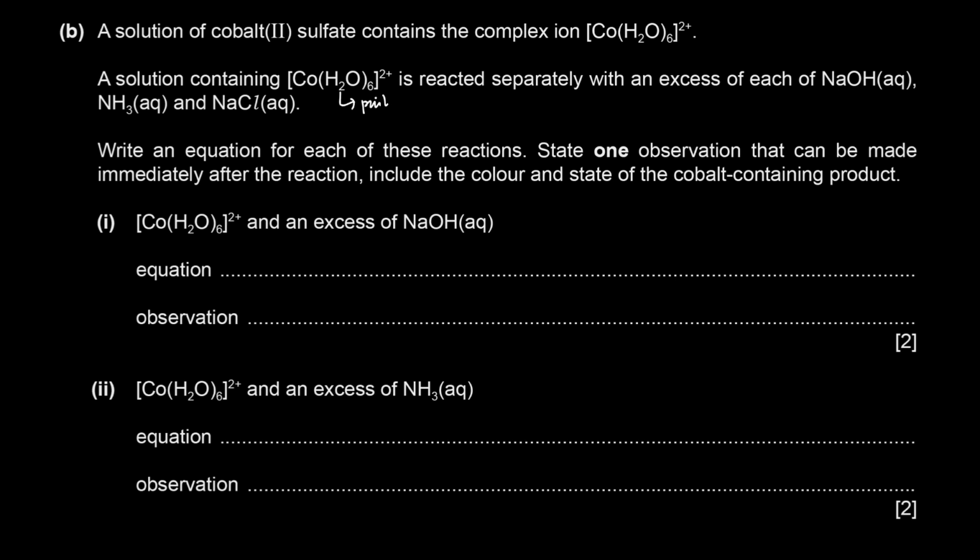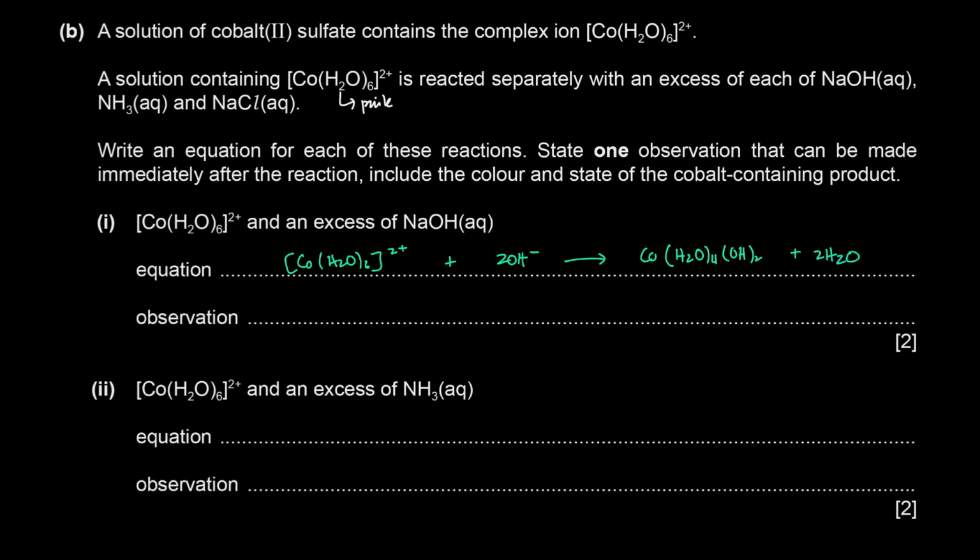Now when it reacts with sodium hydroxide, we form cobalt hydroxide, which is a blue precipitate. So the equation for that would be this. We have Co(H2O)6 2+ reacting with hydroxide ions to form Co(H2O)4(OH)2, and obviously 2 of the waters are released.